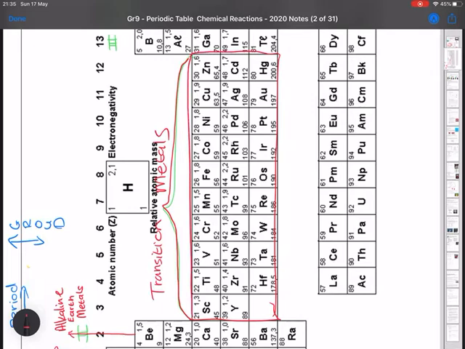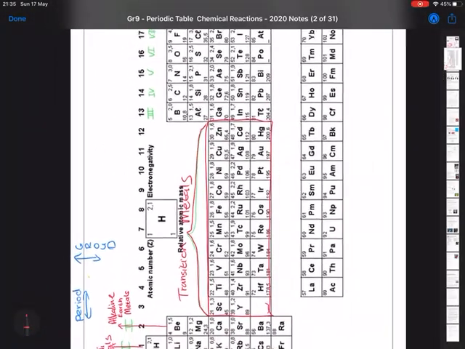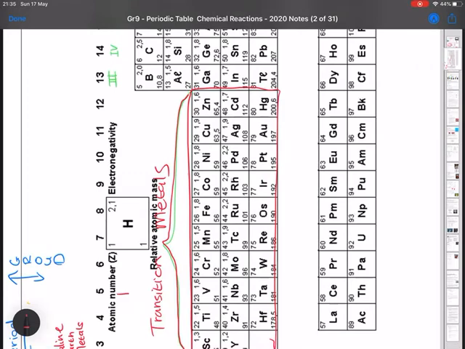You'll notice that there is a number. The number in the top left is the atomic number, and that means how many protons we've got. So that's the proton number for atomic number. And relative atomic mass, that's what's on the bottom here. Relative atomic mass is protons and neutrons added together.